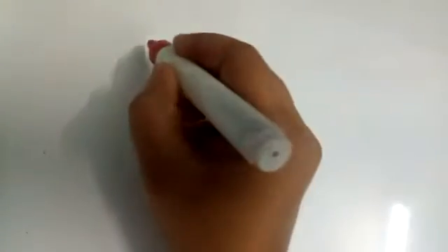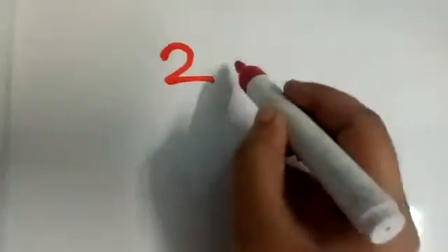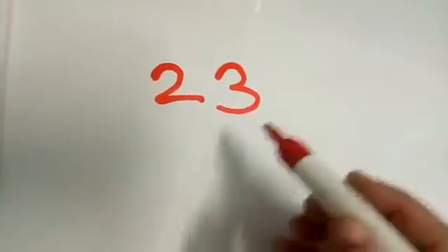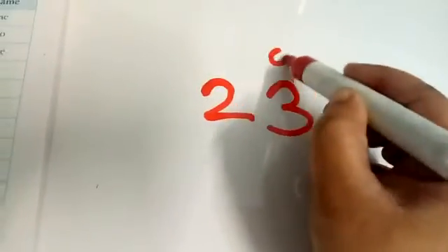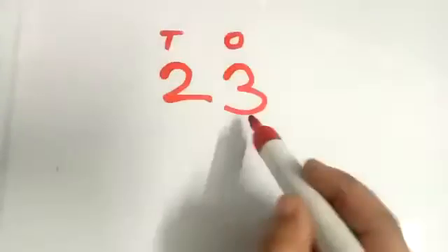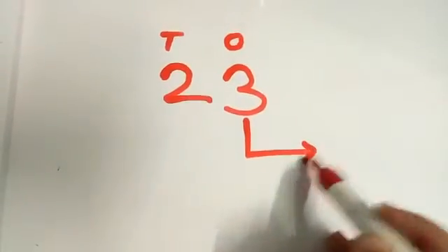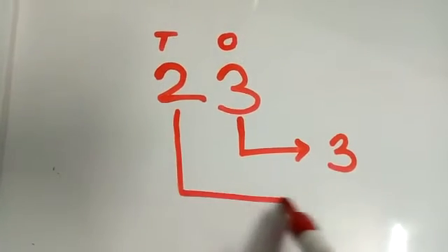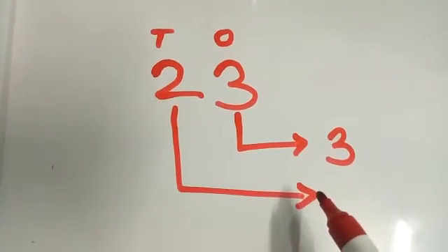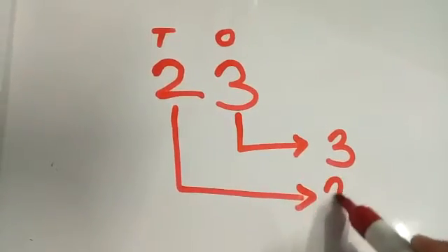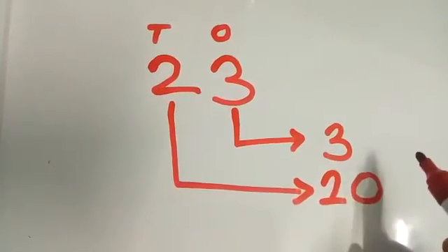Let's take one more example. Suppose the number is 23. From the right side, the first number is ones and the second number is tens. So what is the place value of 3? It is 3 because it is on the ones place. What is the place value of 2? The place value of 2 is 20 because it's on the tens place.